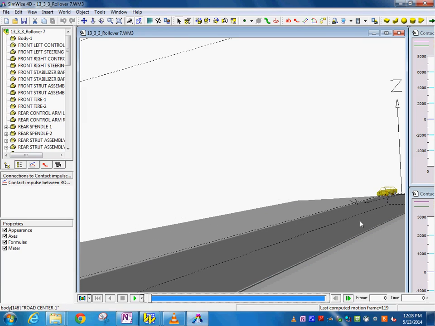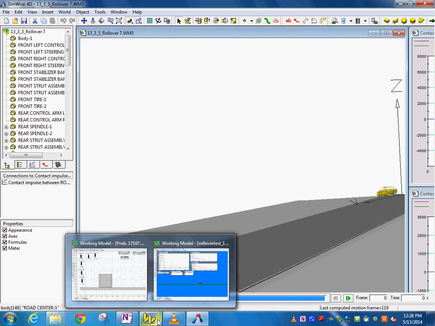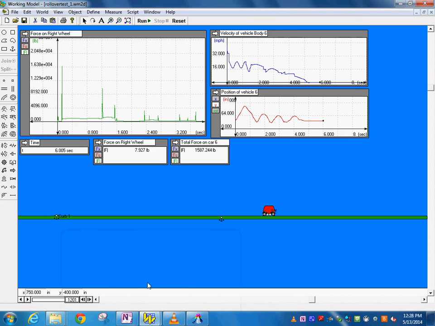The idea in this case is that the driver made a J maneuver, and then the vehicle skidded on the back, hit the suspension system, hit the side of the road like we did on the previous one, like this one. When it hit the side of the road like that, then it rolled over, see?